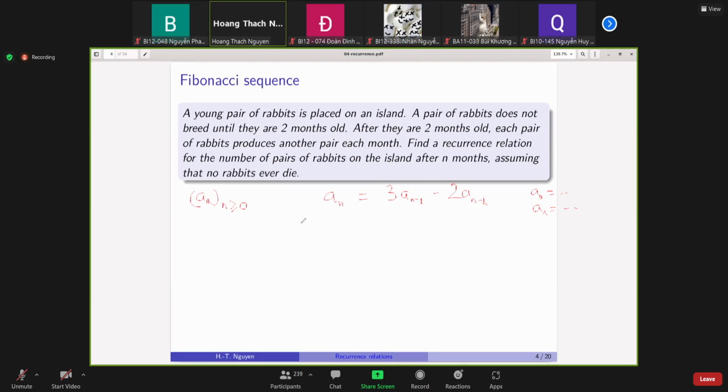So maybe for some of you who have studied in specialized schools or classes for mathematics, you may know that the way to do this is to write it as follows. You take 2 times a_{n-1} to the left, and it leaves you with this.